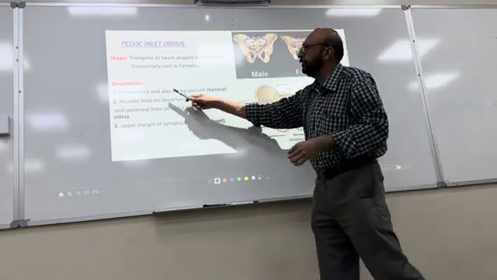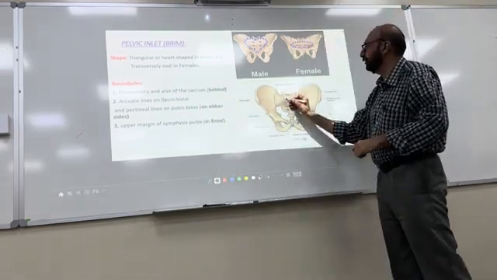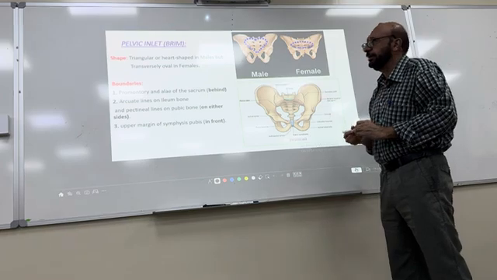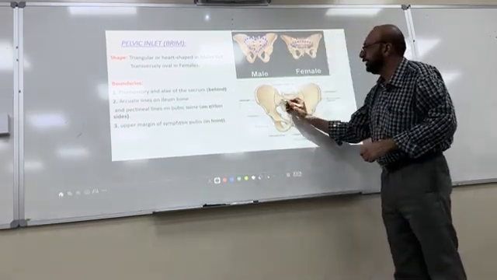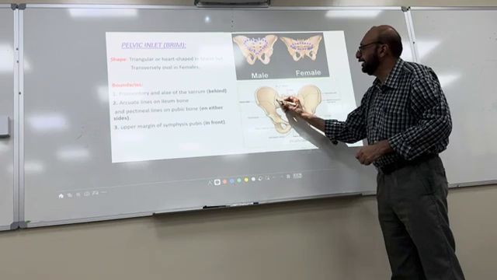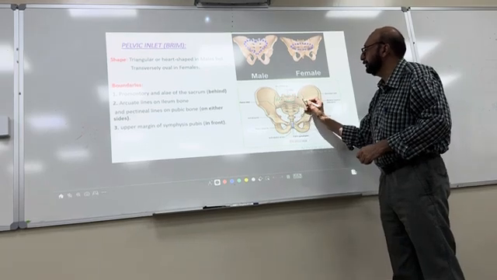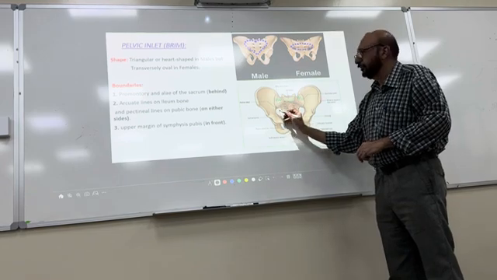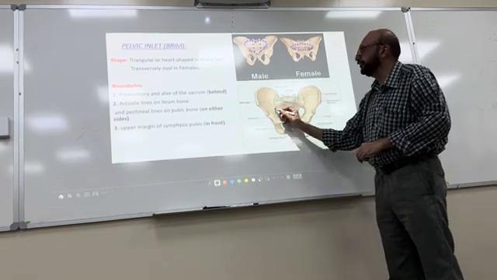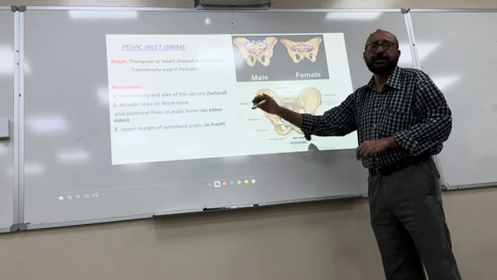The boundaries: the promontory, this is the promontory of the sacrum. Then we have the ala of the sacrum. From here, the ilium starts. On the ilium bone, this is known as the arcuate line.